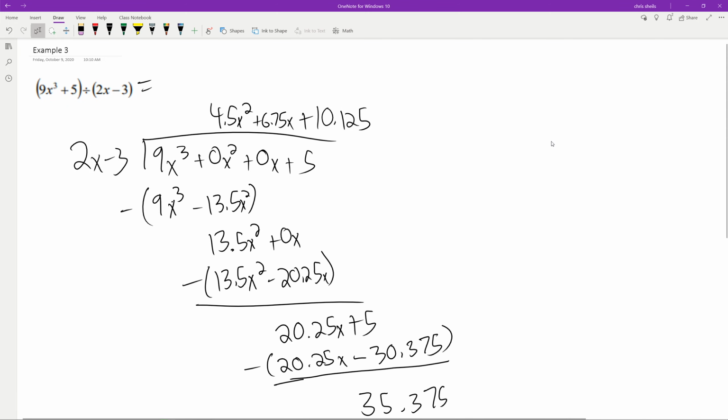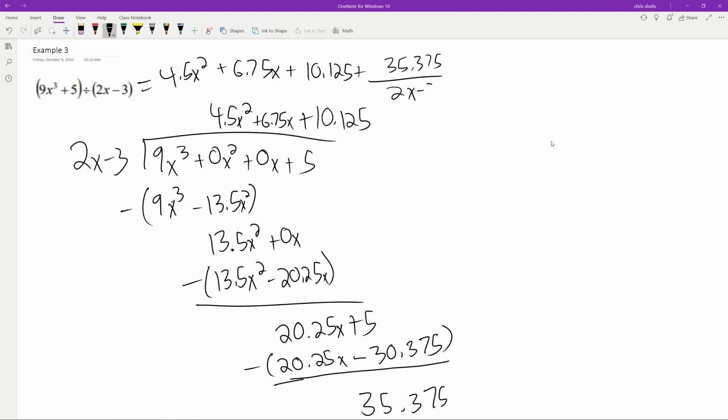So my answer here is that this is equal to 4.5x squared plus 6.75x plus 10.125 plus, what was it? Oh yeah, 35.375 over 2x minus 3.